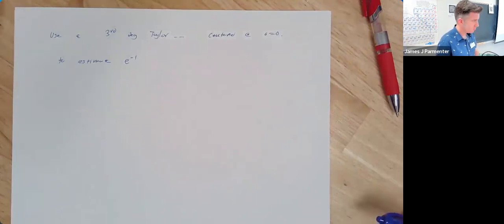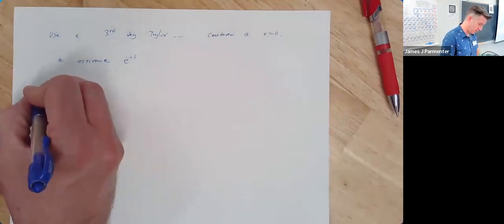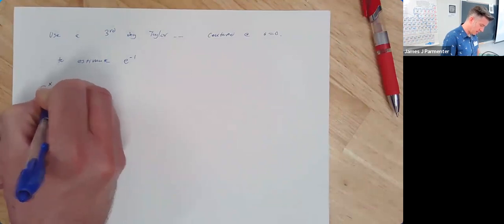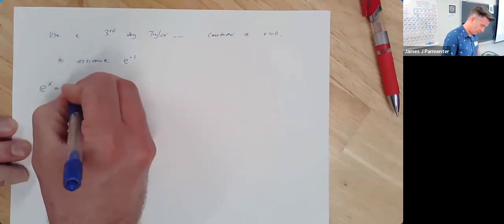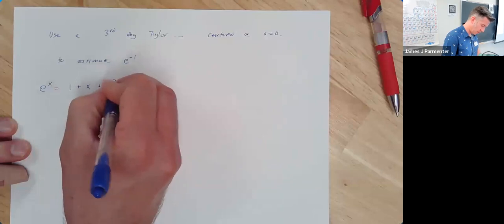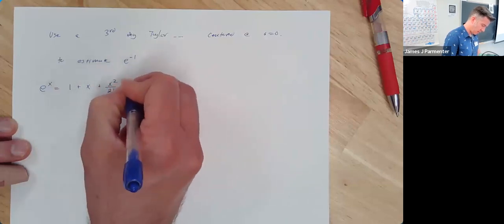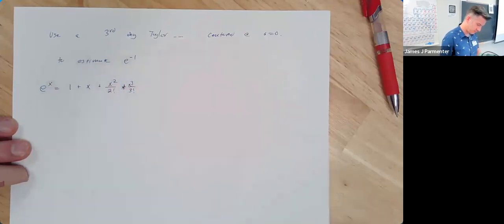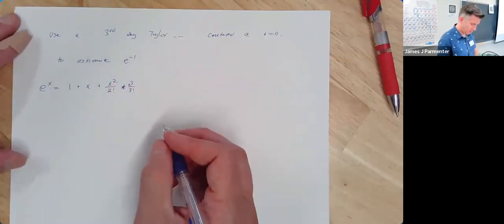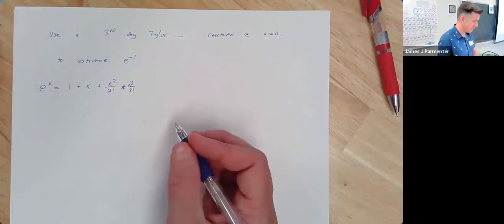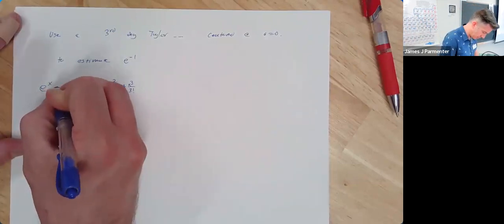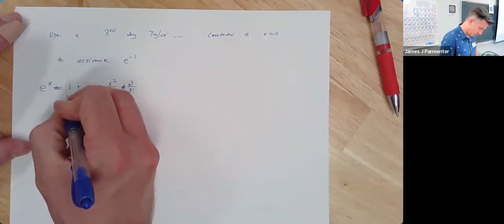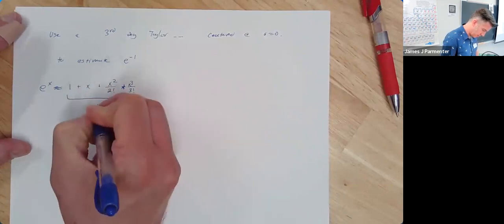Okay, so here's my 3rd degree Taylor polynomial for e to the x. E to the x is 1 plus x plus x squared over 2 factorial plus x cubed over 3 factorial. I really should use an approximation here, right? E to the x is approximately this 3rd degree Taylor polynomial.